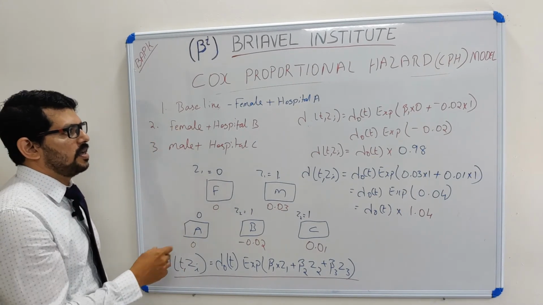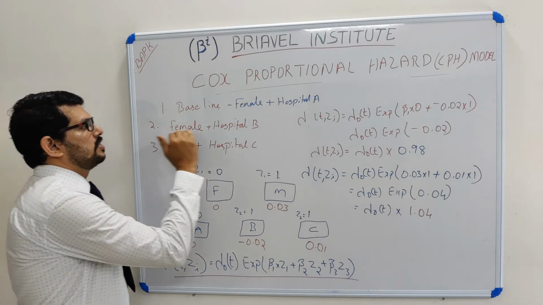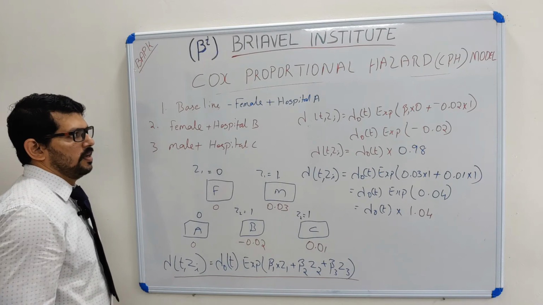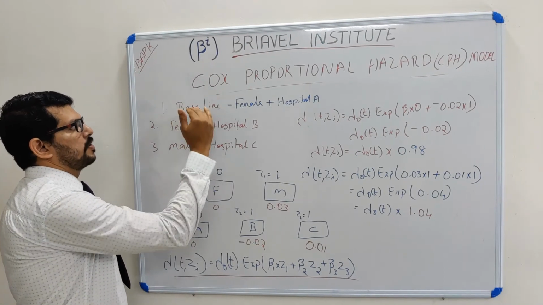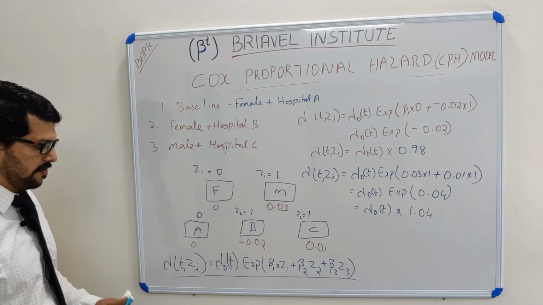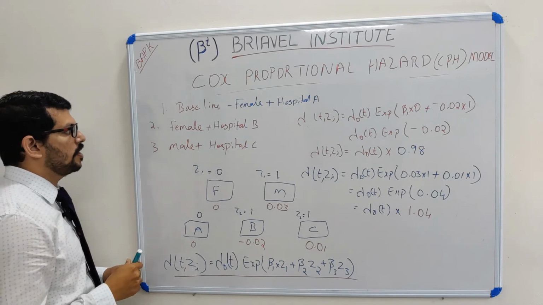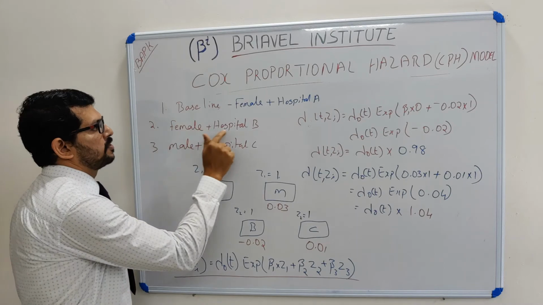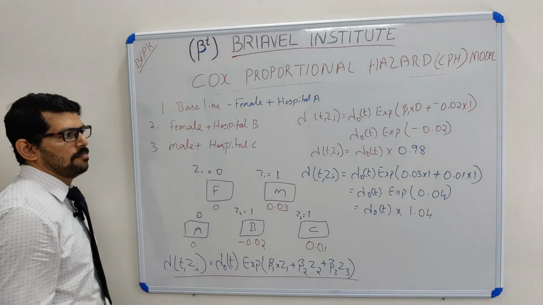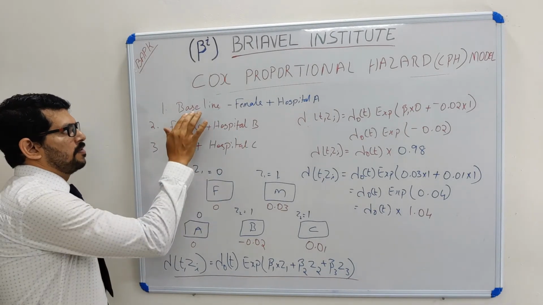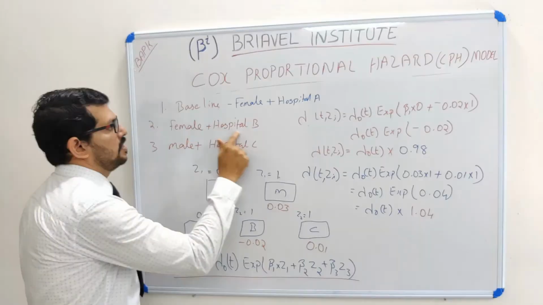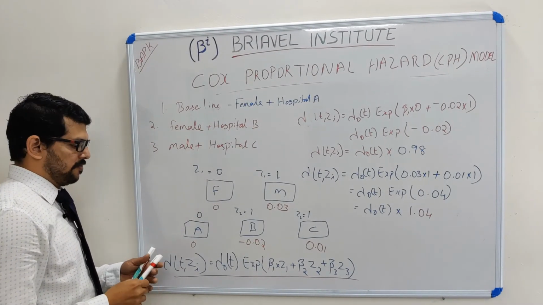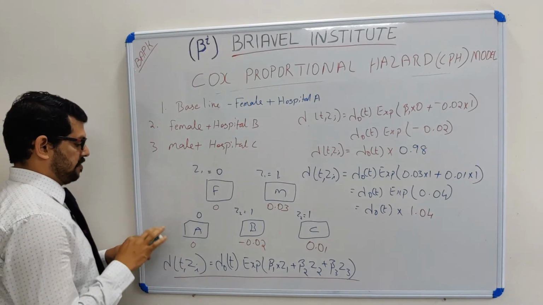Now in proportional hazard, they are comparing with the baseline hazard, how much it has increased from the baseline hazard. They are asking the fourth question: what is the proportional hazard of female plus hospital B, compared with baseline? If we compare with baseline, is the hazard rate increased or decreased? So the fourth question is a comparison.